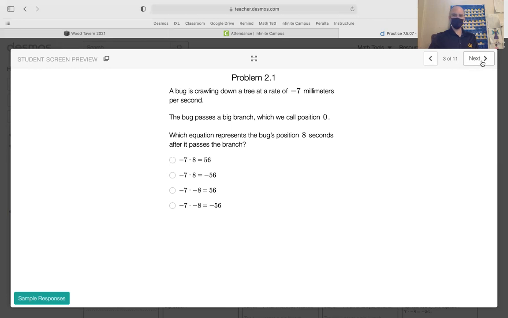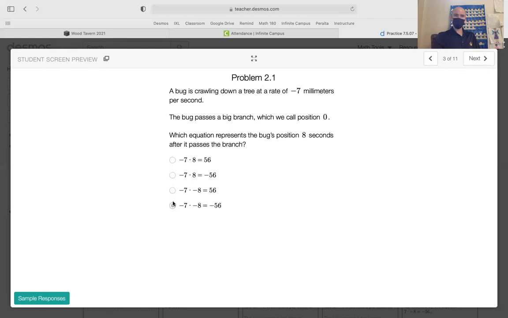So let's see here. We have negative 7 times 8 equals 56. Well, that can't be right off the bat because negative 7 times 8 is negative 56. Okay, so this one says negative 7 times 8 is negative 56. That one sounds like it's probably right.